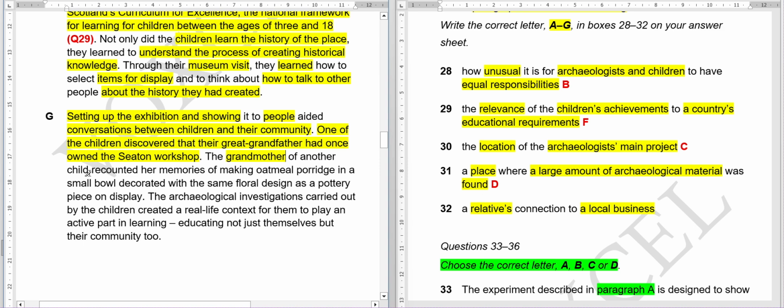So the grandmother remembered that she used to make oatmeal porridge in a small bowl that was decorated with the same floral design as the pottery piece on display. The archaeological investigation carried out by the children created a real life context for them to play an active part in learning, educating not just themselves but their community too. So what's the benefit? They were educating not only themselves but their community also.